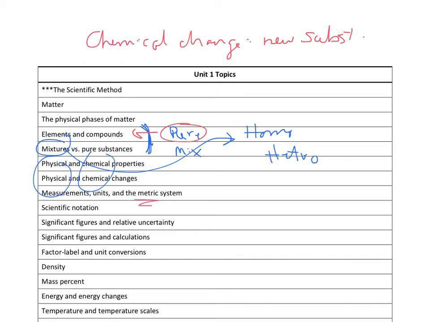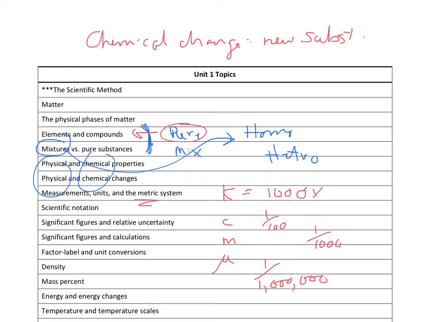They are K for kilo, C for centi, M for milli, and mu for micro. Kilo is 1,000 times the base unit. Centi is 1/100th. Milli is 1/1000th. And micro is 1/1,000,000th. So we talked about those prefixes, metric system.